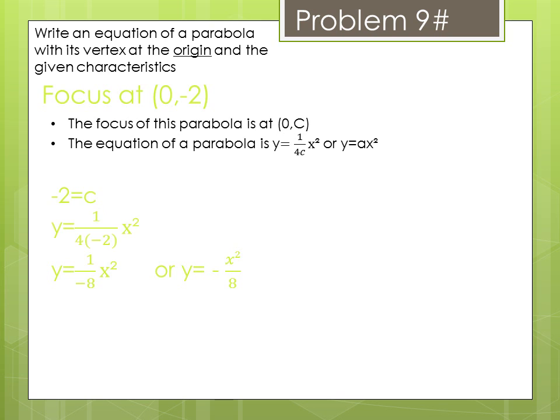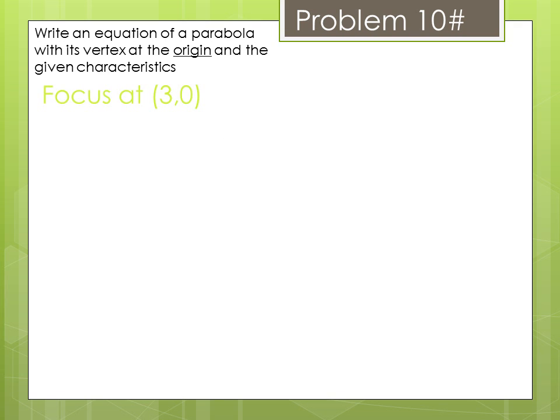And now I add it so that y is equal to 1 over 4 times negative 2 and x squared. So I simplify, and that gives me y is equal to 1 over negative 8x squared, and I simplify again, and it gives me y is equal to negative x squared over 8.